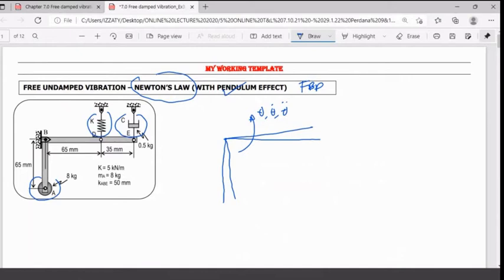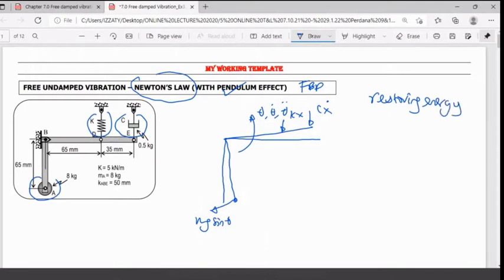So you have here one Kx, the other one you have Cx dot. Here you also have another one, because you are concerned about Newton's law, so you will have mg sine theta. So these are all what we call the restoring energy.